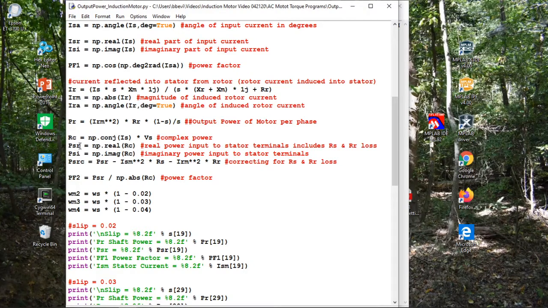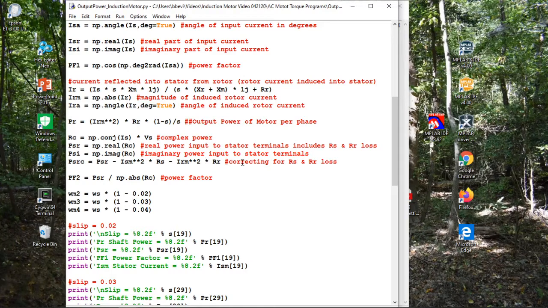So here I say PSR is the real part of this, the real power input to the stator terminals. PSI is the imaginary power to the stators. And here I'm looking from the input terminals of the stator. So if I want to know what the actual output power is to turn the motor, then I need to subtract from this the power loss in the stator resistance and the IR squared losses in the rotor.